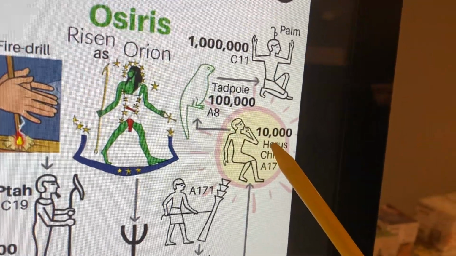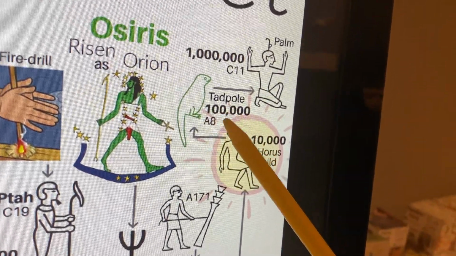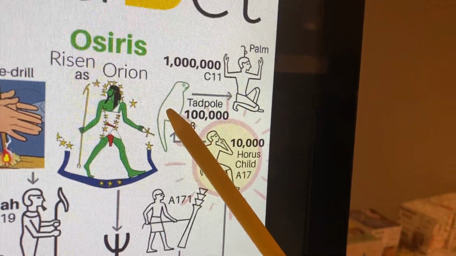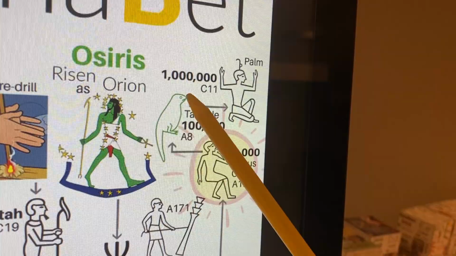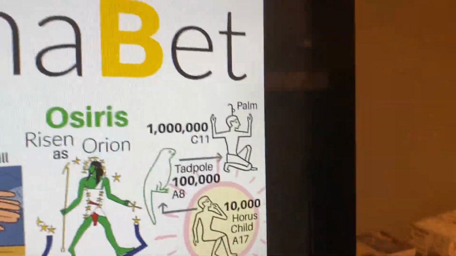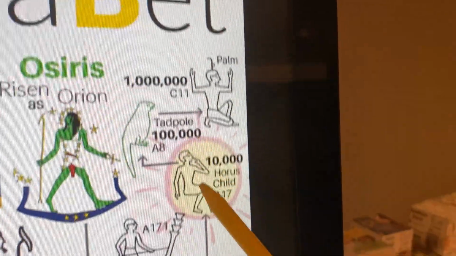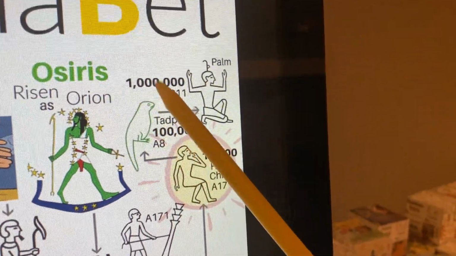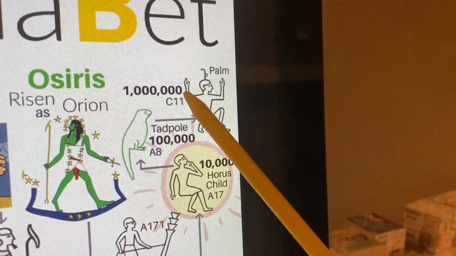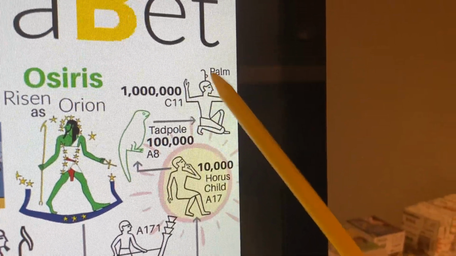But then next we get to the tadpole, which is 100,000. It's sort of like early animal life. And then, these are all the numerals for Egyptian numbers. Number 100,000 is the tadpole, and 1,000,000 is this guy with his arms in the air, and he's got a palm branch in his ear.